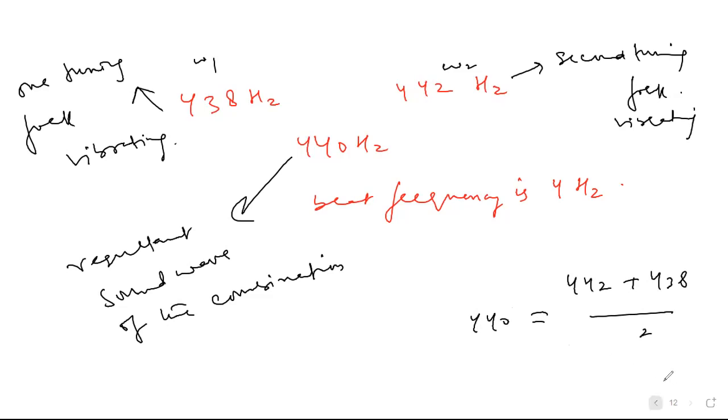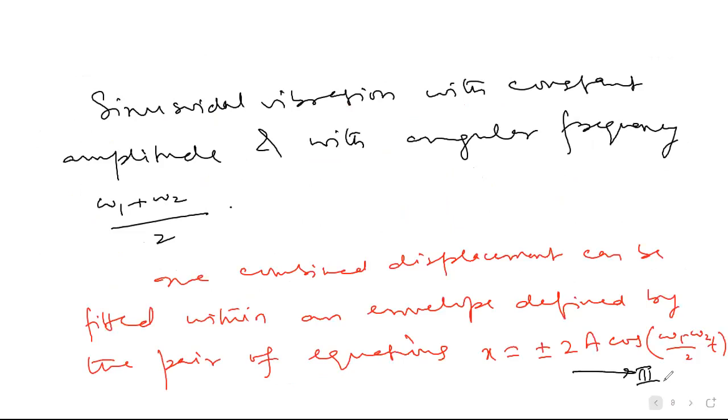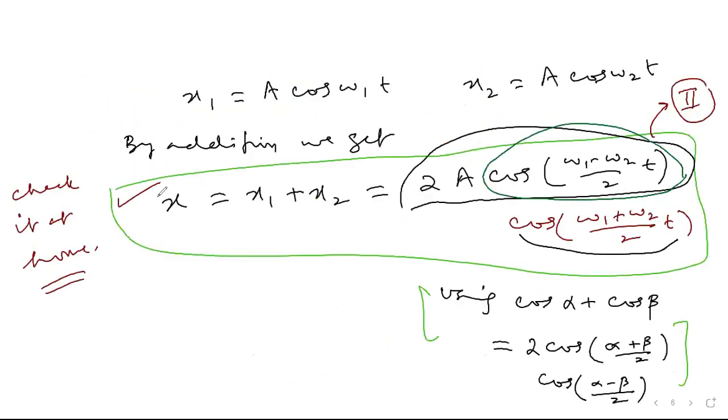Because we said that when two waves combine, the resultant vibration will have frequency (omega 1 plus omega 2) by 2, but the beats will be decided by when the amplitude becomes maximum. That becomes twice in one cycle of amplitude wave, right?